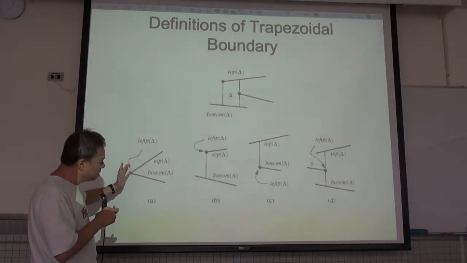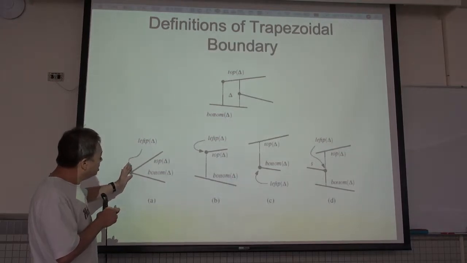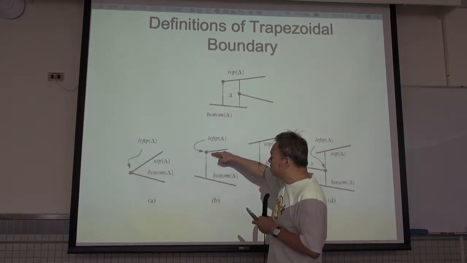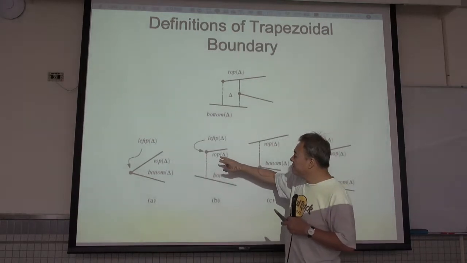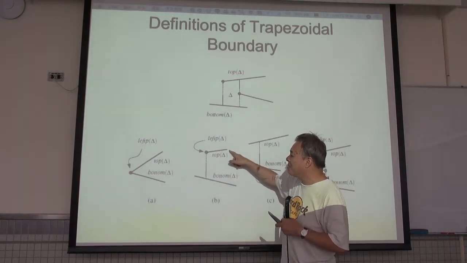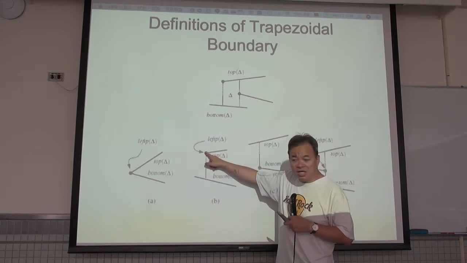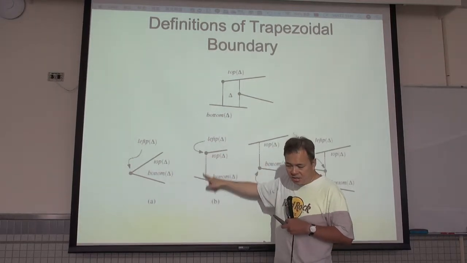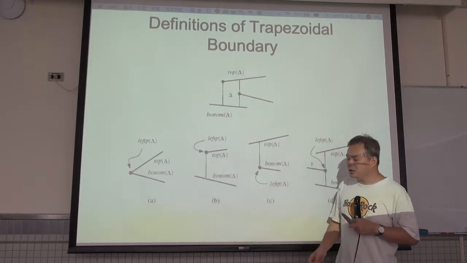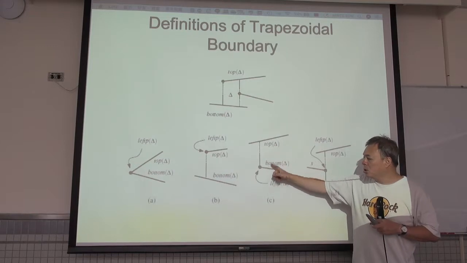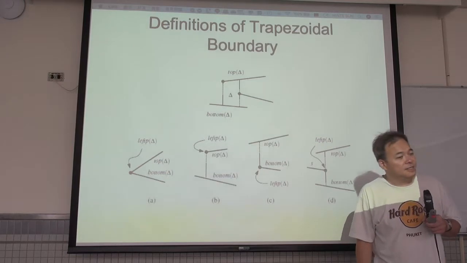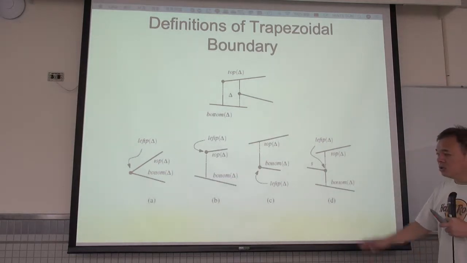And the other cases are, for example, left P is contributed by the endpoint of the top segment. Similarly, the left P can also be contributed by the endpoint of the bottom segment.